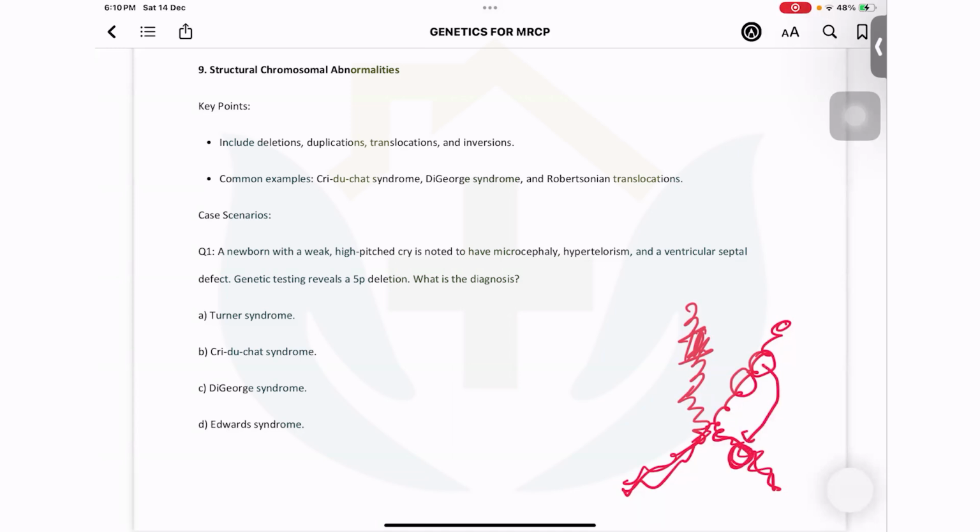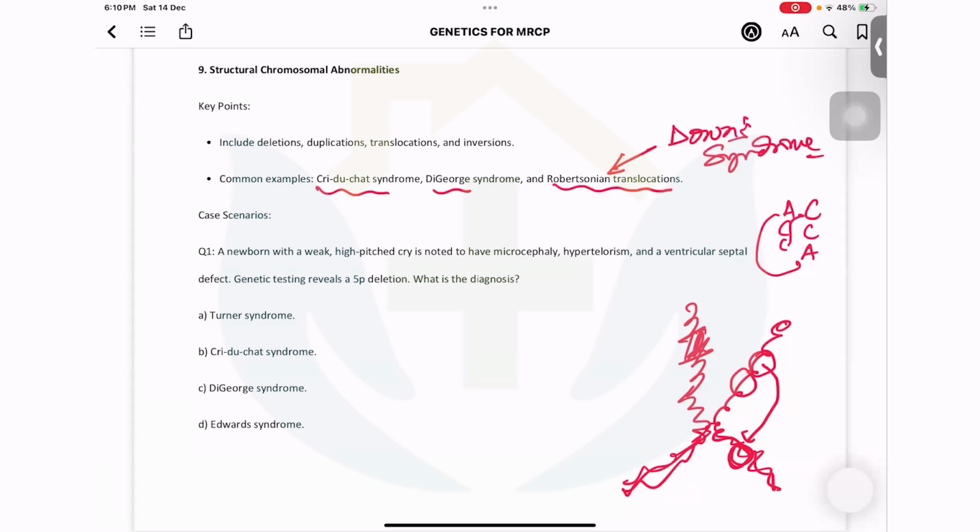For example, let us say ACC becomes CCA. So this has actually inverted its position completely. So this is an inversion. For example, Cri-du-chat syndrome, DiGeorge syndrome, and Robertsonian translocation. We read about Robertsonian translocation in Down's syndrome.